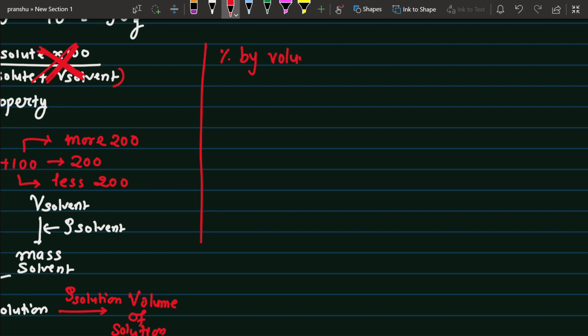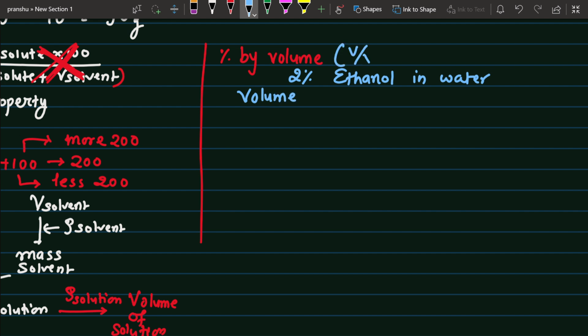By volume. Suppose that I have 2% glucose, 2% ethanol in water. It means V by V, percentage V by V. It means volume of ethanol is 2 ml.